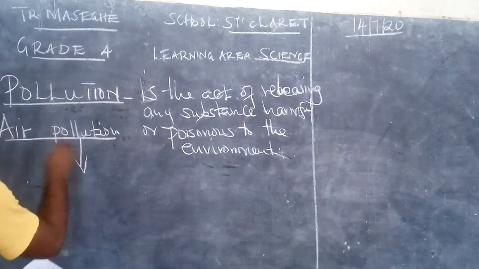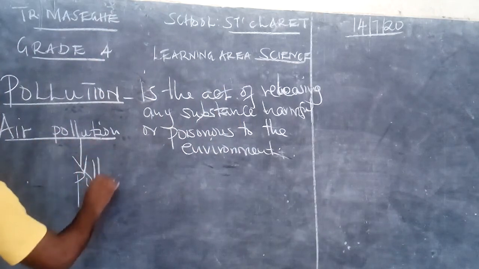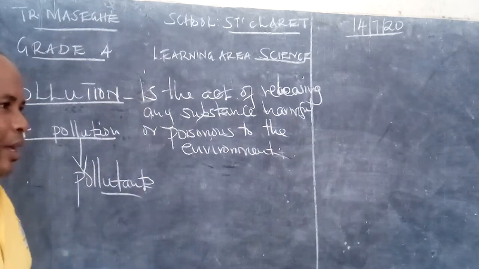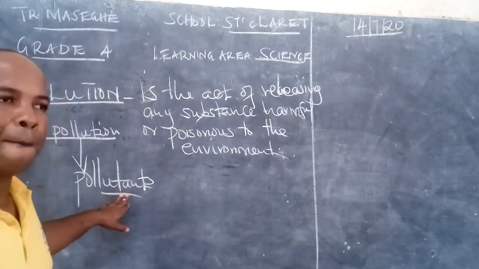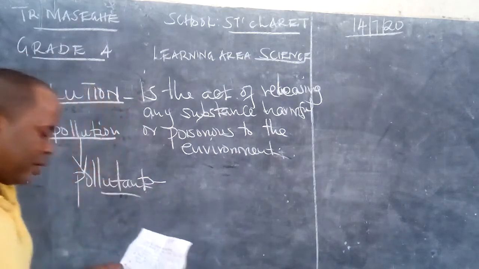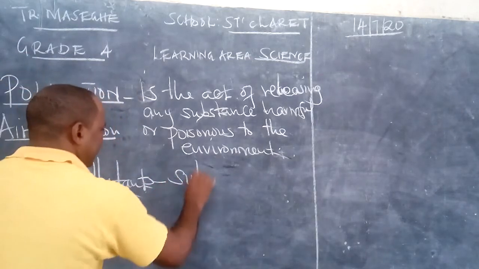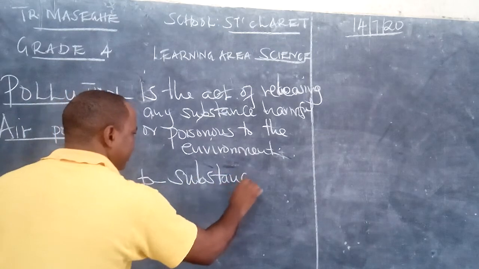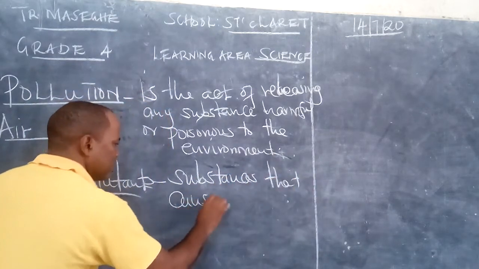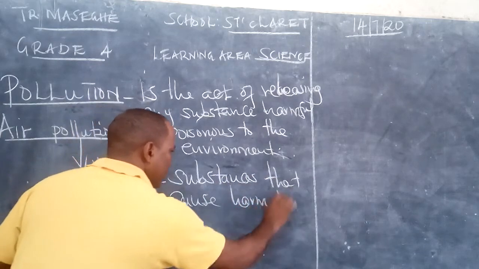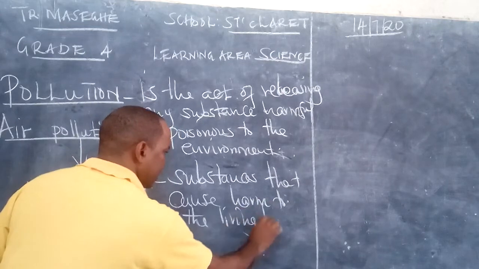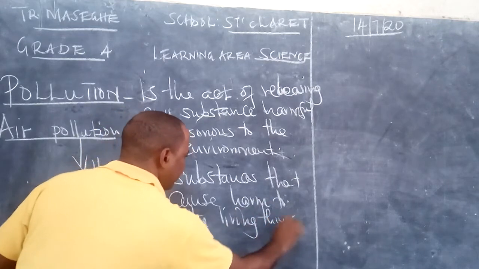Now, from air pollution, we shall go to pollutants. So, learners, what is the meaning of the term pollutants? Pollutants are substances that cause harm to living things.